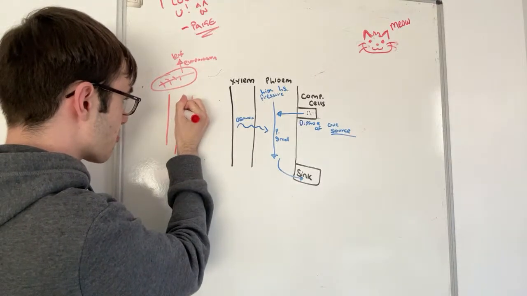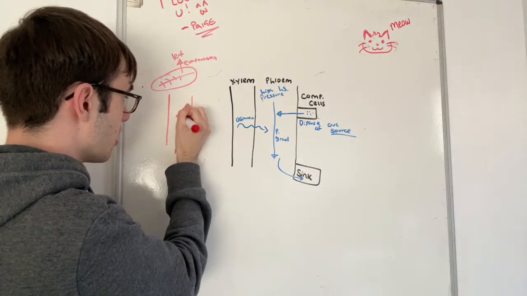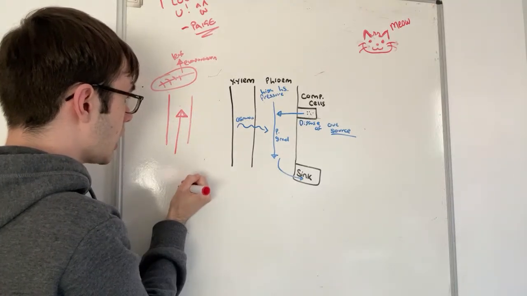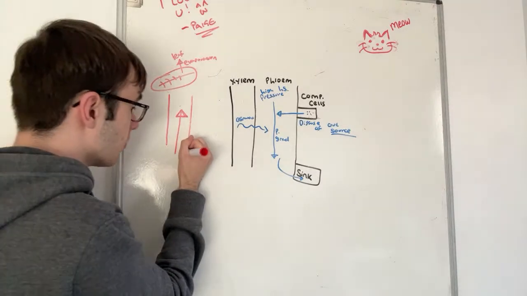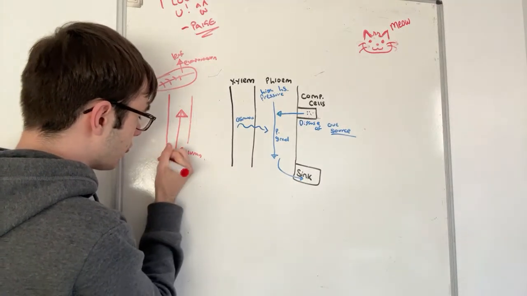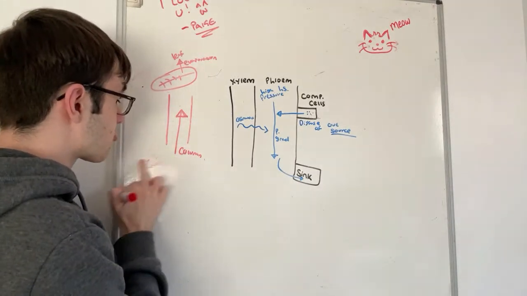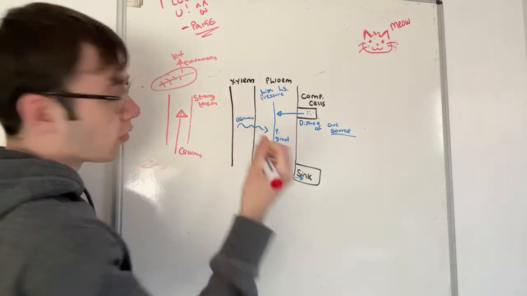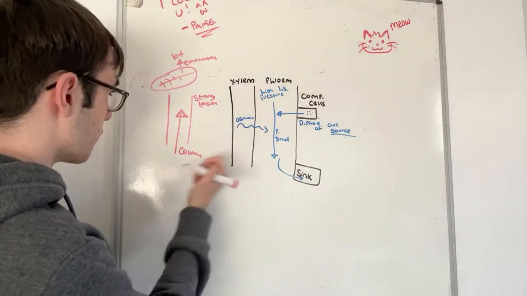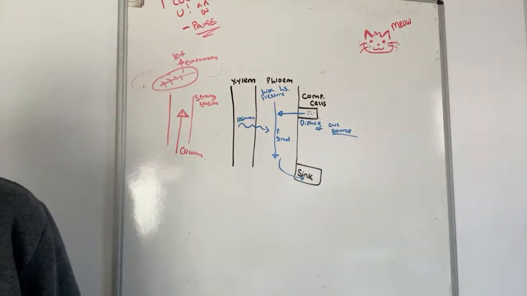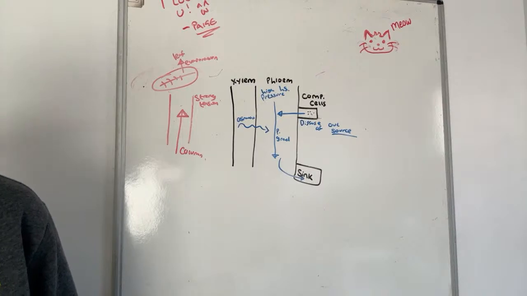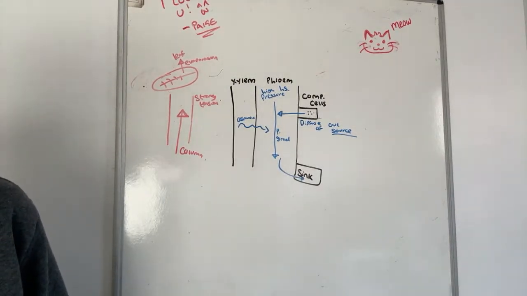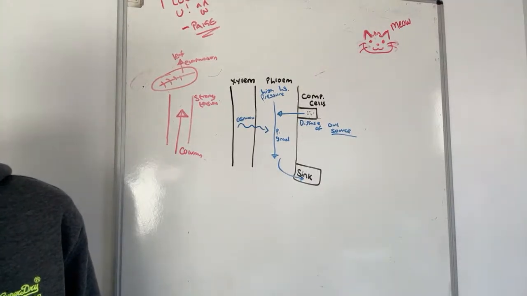This causes pressure to increase, and water is going to move up in a column due to strong, so it creates strong cohesion tension. And water is going to move up from the roots in a column. So let's take a look at that to see what we've missed.